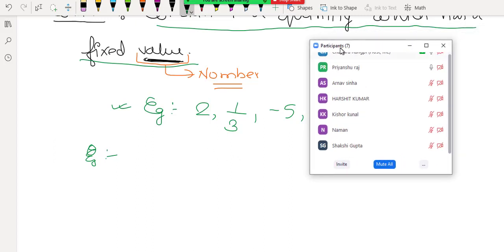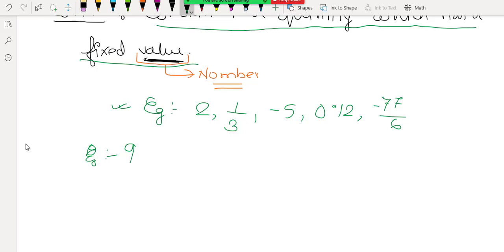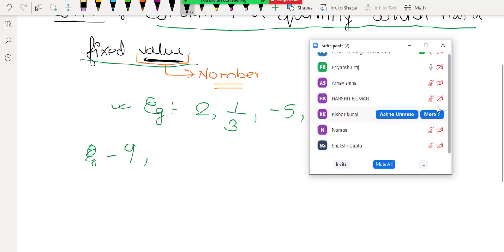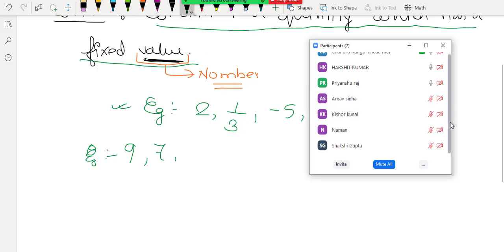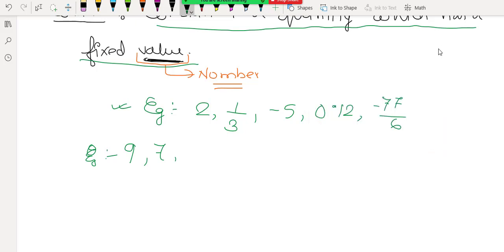Sir, 9. Yes, very good. 9 is a constant. That means any number we see in mathematics is known as a constant in algebraic terms. Anyone else? Sir, 7. Yes, very good. 7 is also a constant. Anyone else? 81, minus 81, 11. These are all constants.